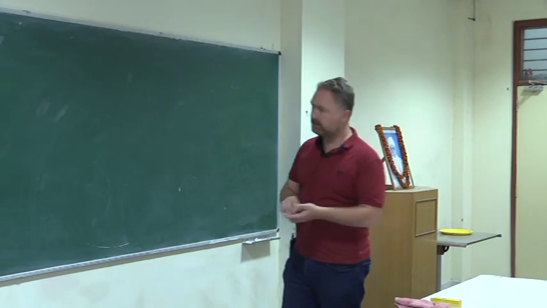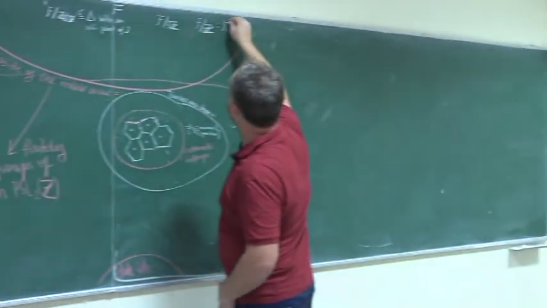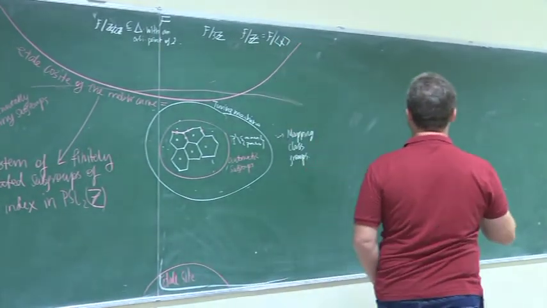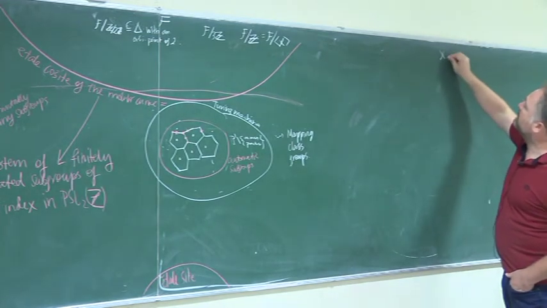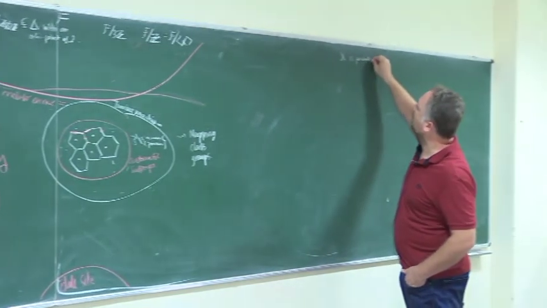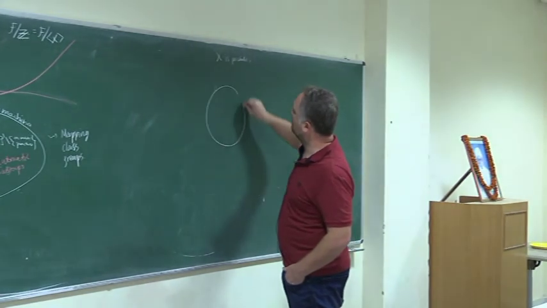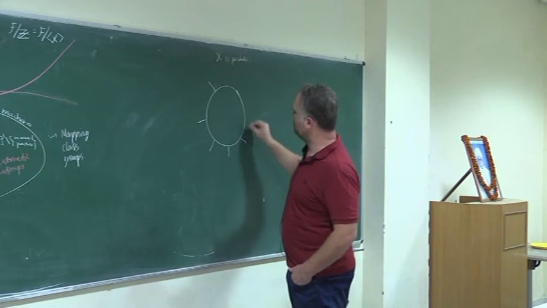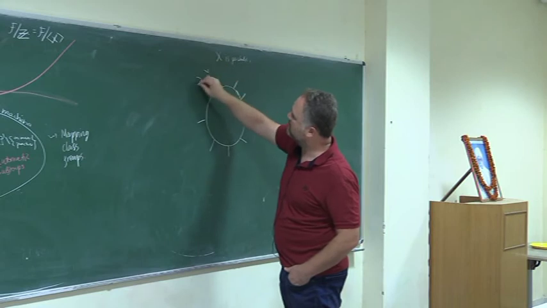So there are two possibilities. Let's say that F over Z equals F over some subgroup generated by X. If X is parabolic, then the corresponding graph is going to be something like this, with all vertices going outwards and infinite three components.